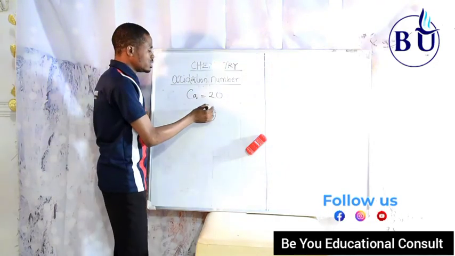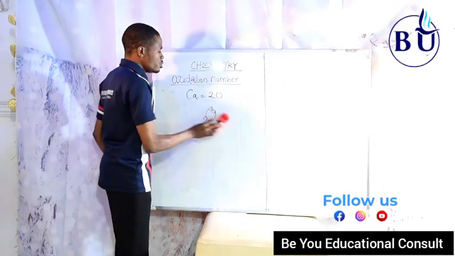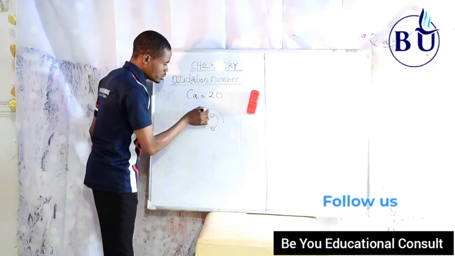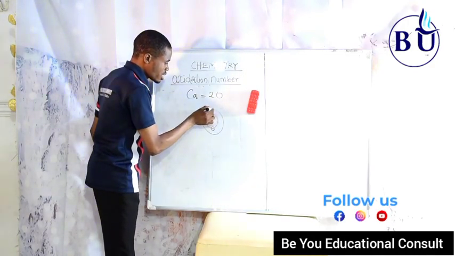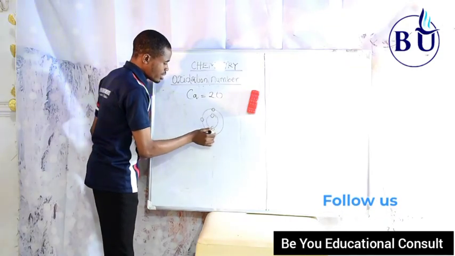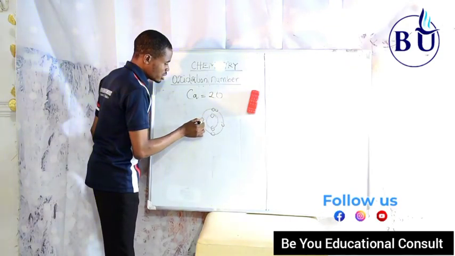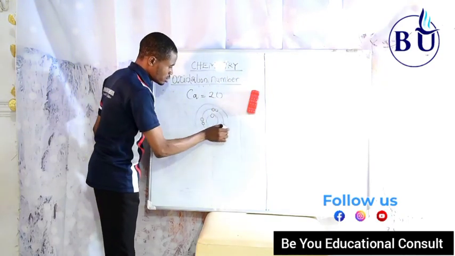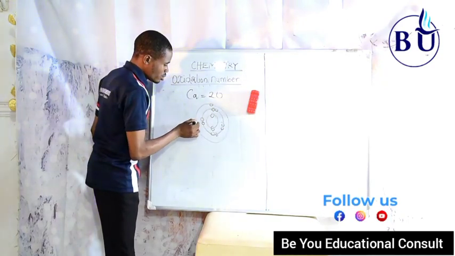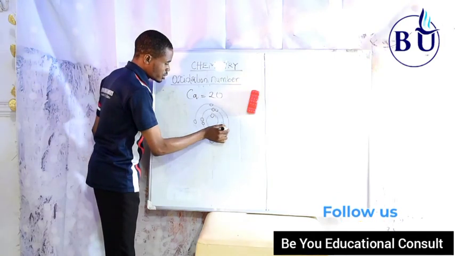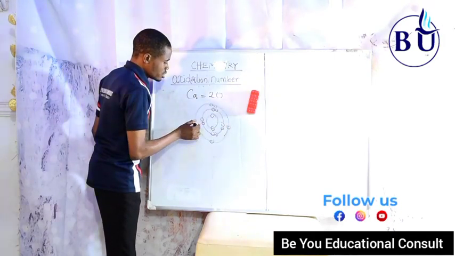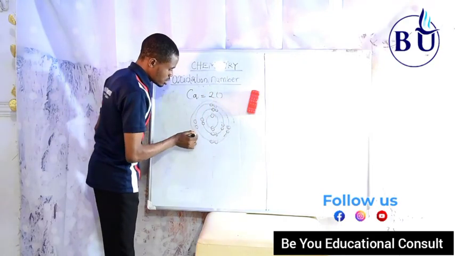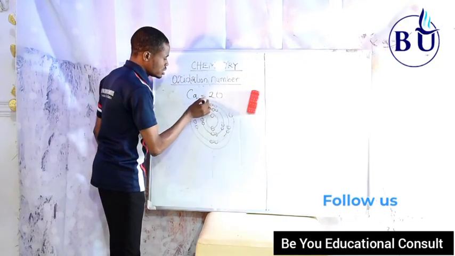So you don't start filling it this way, no. You fill 1, 2, 3, 4, 5, 6, 7, 8, 9, 10, then 11, 12, 13, 14, 15, 16, 17, 18. You have this 19 and 20.